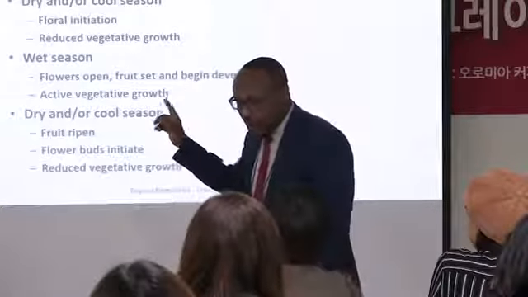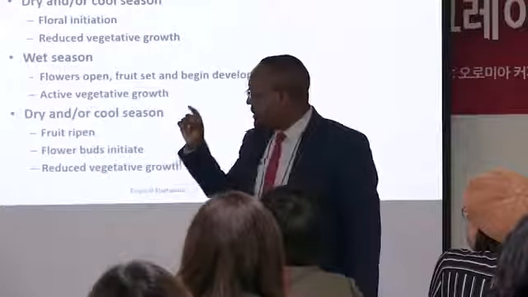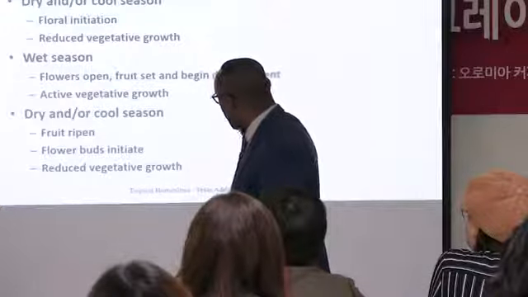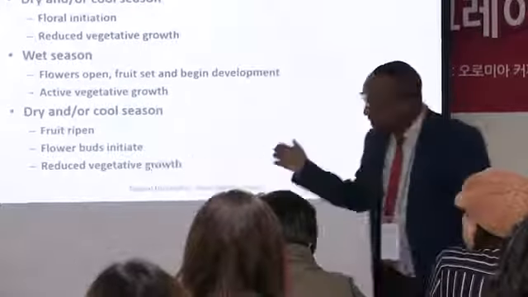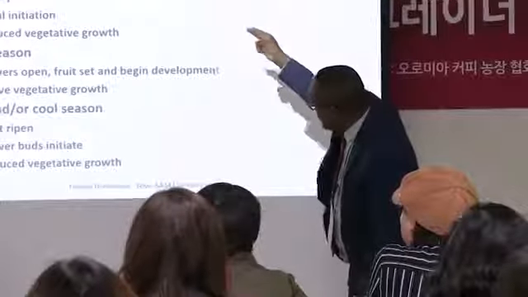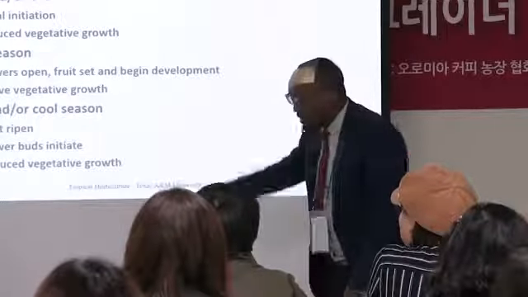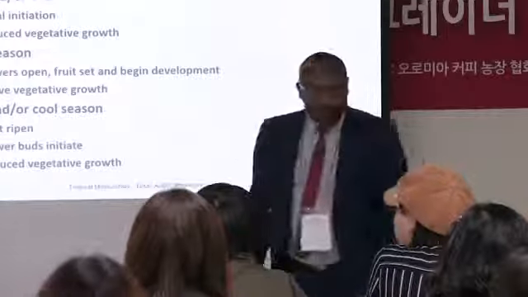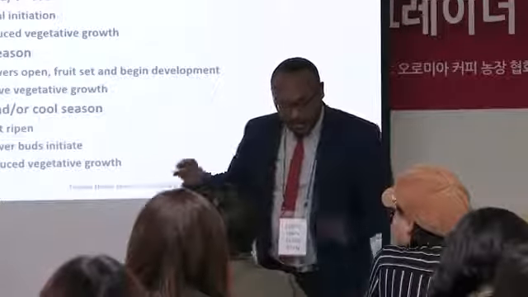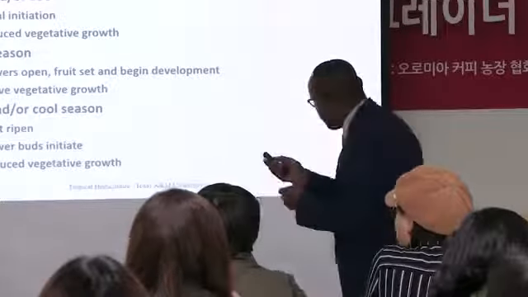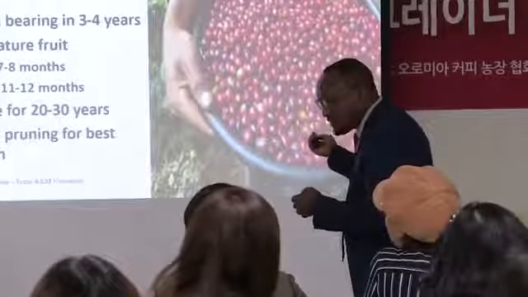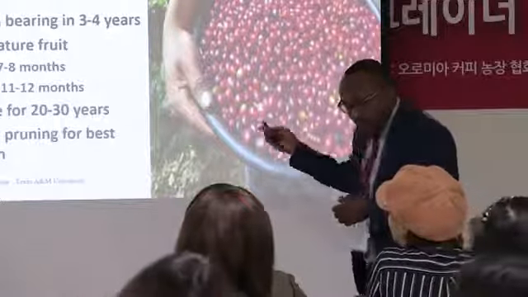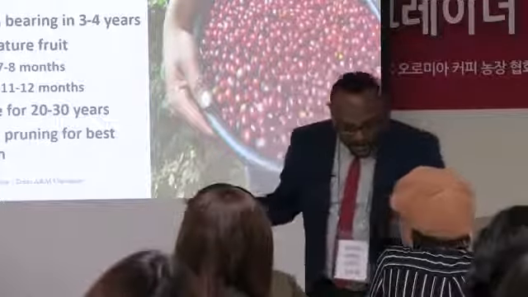The first one, dry and cool, is for flower initiation. Wet is for flower opening. And next, that dry and cool season will be repeated for what? Fruit ripening. For the fruit to be ripened. You have seen the picture of the fruit. This fruit will be ripened if the season is dry and cool.